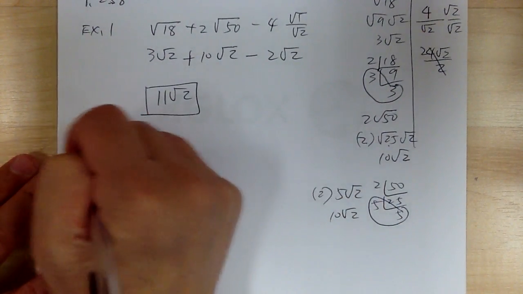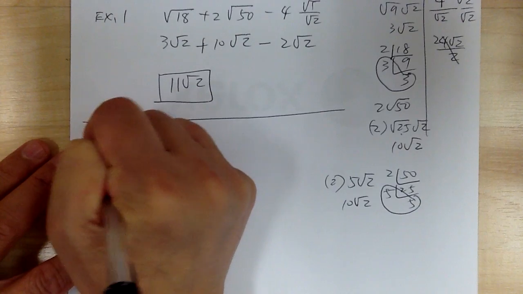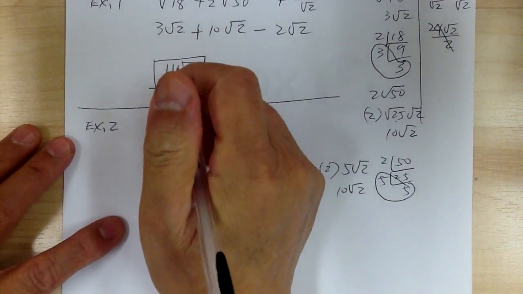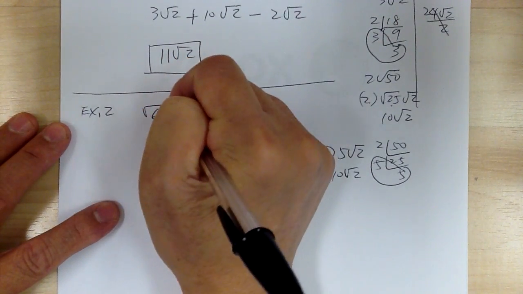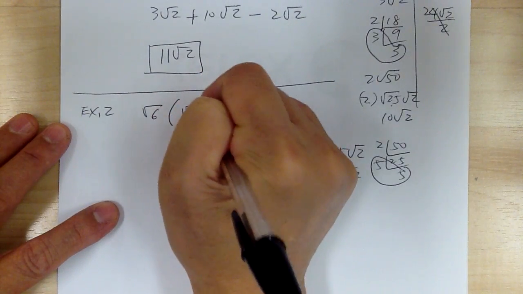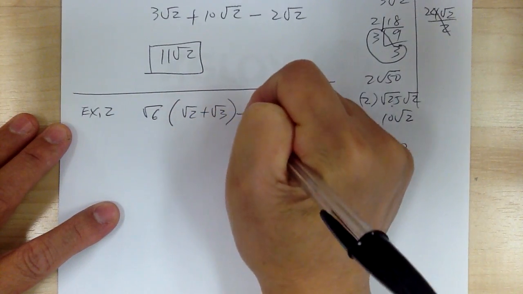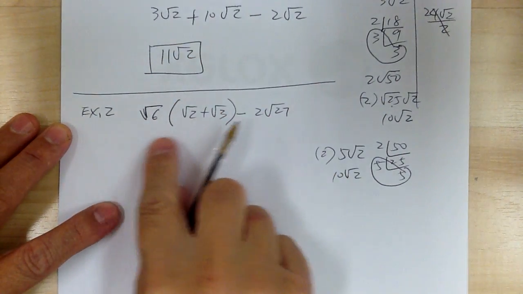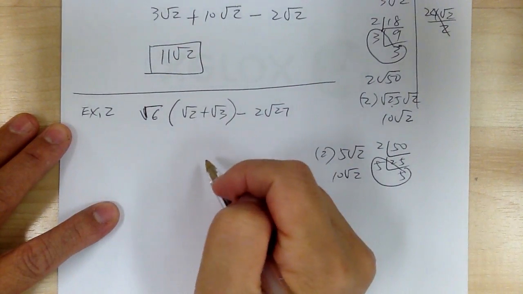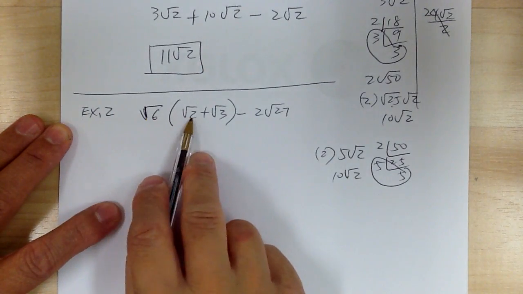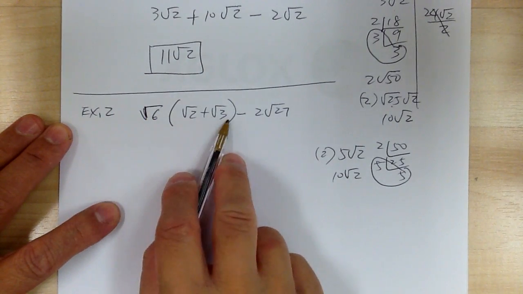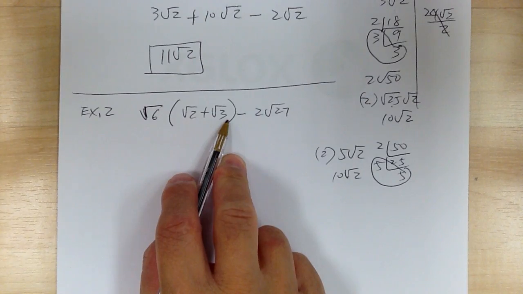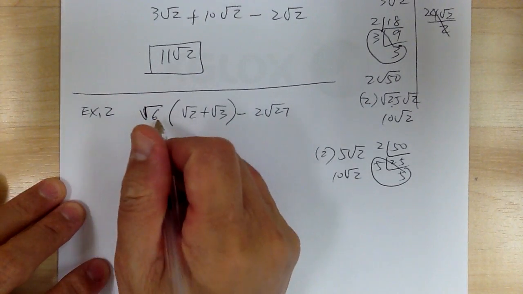Now let's go to example 2. You want to simplify square root of 6 times square root of 2 plus square root of 3, minus 2 square root of 27. First I need to distribute. Instead of trying to multiply to make square root of 12 and square root of 18, it's actually better to just break these things down, especially when the radicals get complicated.